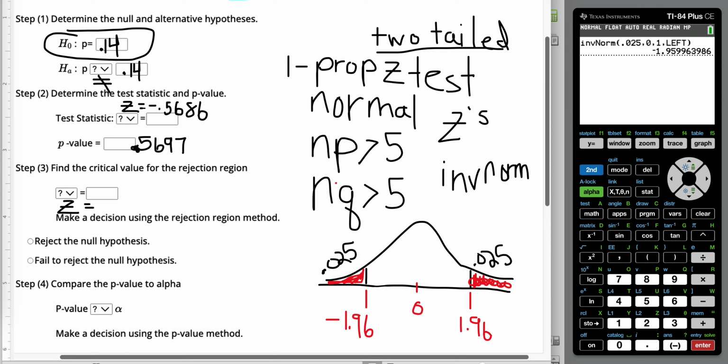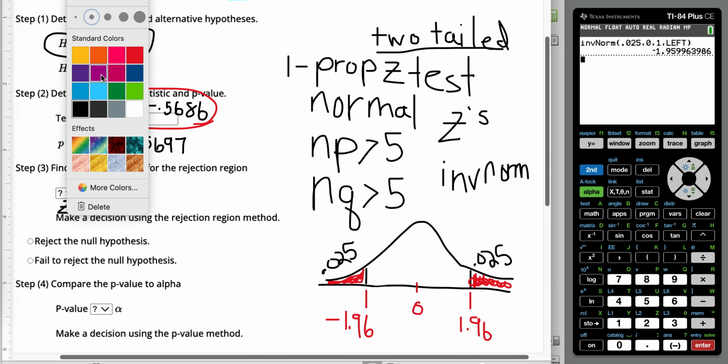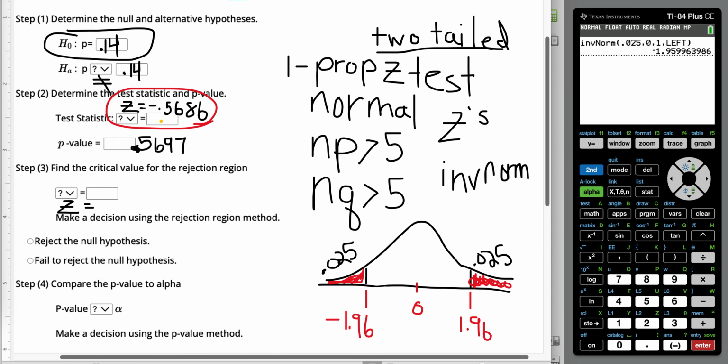So when I go to check to see where my test statistic falls, here's my test statistic. My test statistic is negative 0.5686. So let me get a different color here so it's easy to see. So when I plot this on the graph, negative 0.5686 would fall somewhere in here.